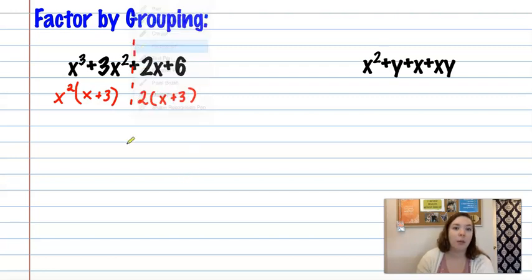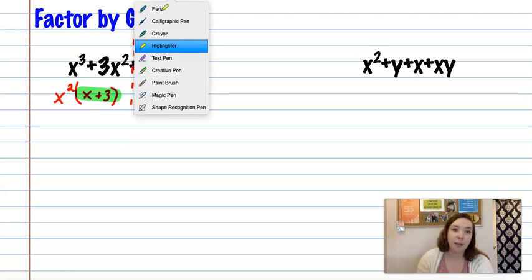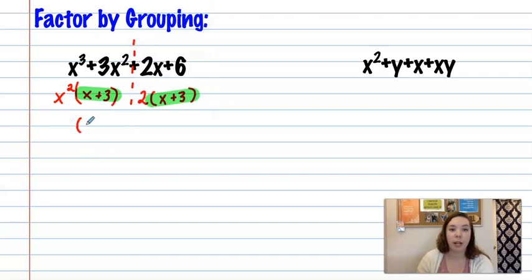Now, what is nice about factoring by grouping is that if you do it correctly, this set of parentheses should be the same, which means we can rewrite it as x squared plus 2 times x plus 3. And now if I were to multiply these 2 binomials back out, I would get what I started with. So this is our final answer down here. And that's how factoring by grouping works.